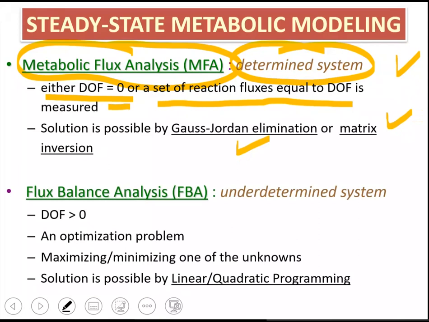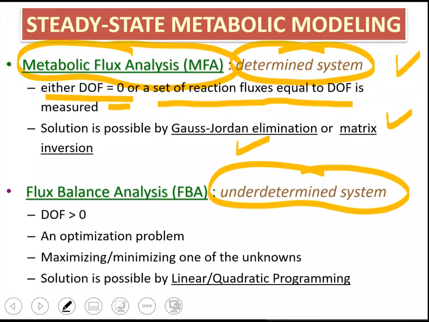And the second approach is underdetermined systems. For metabolic network-based modeling, I have already shared with you the information that the number of reactions is usually higher than the number of metabolites in metabolic networks.